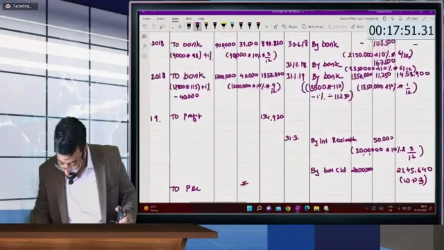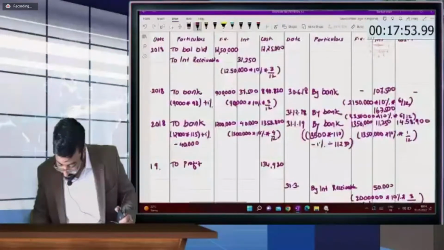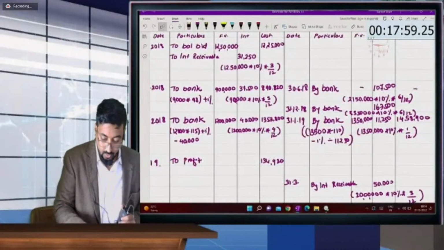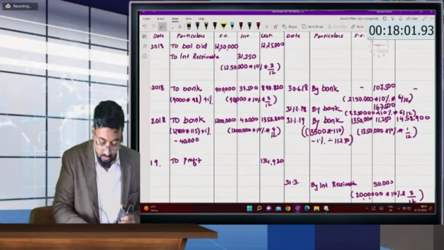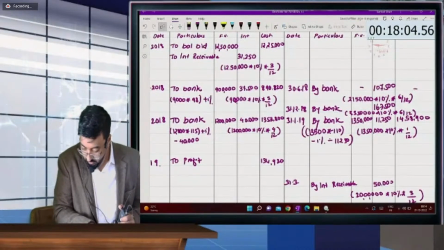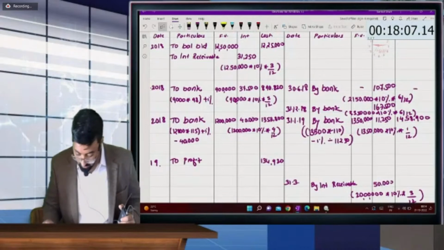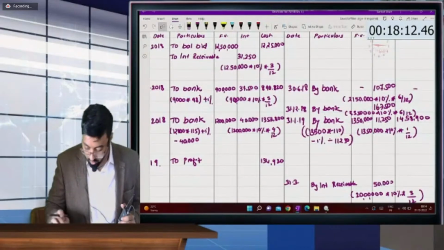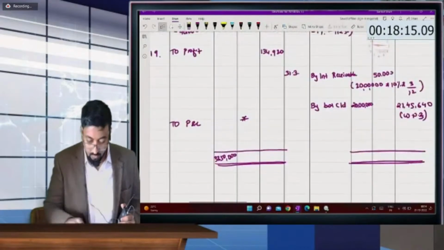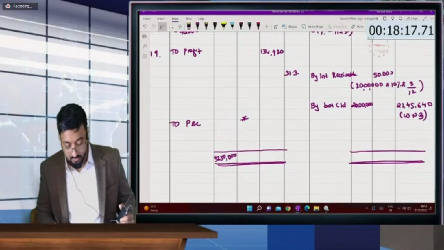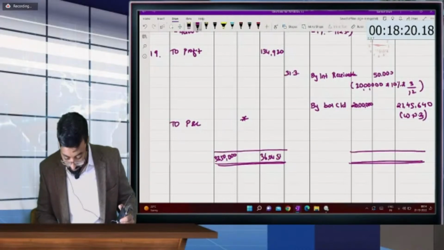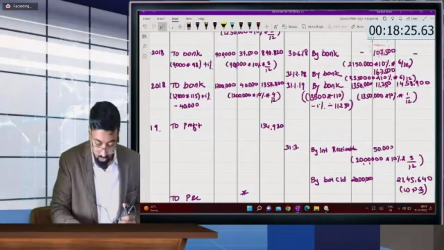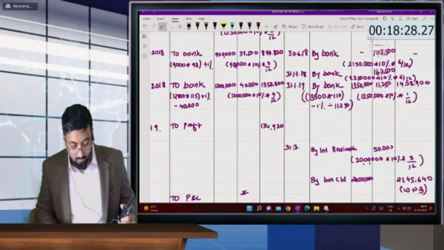Then 25 plus 890.82 plus 1353.8 plus 134.92, this is 36 lakh 4,540, minus 14.89, 21 lakh 45,640.